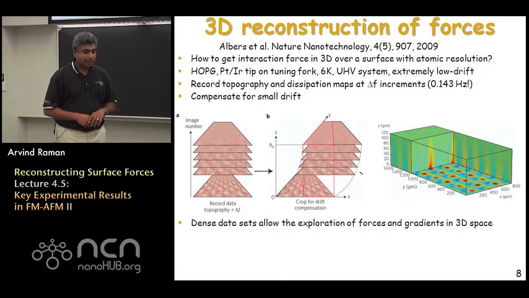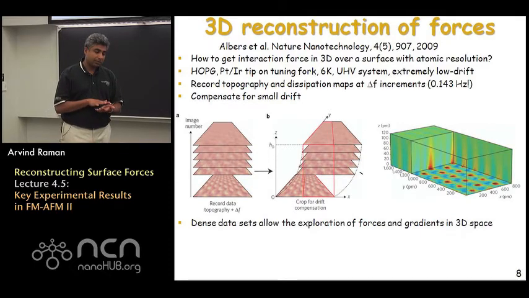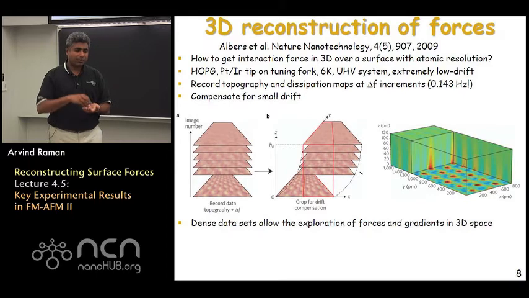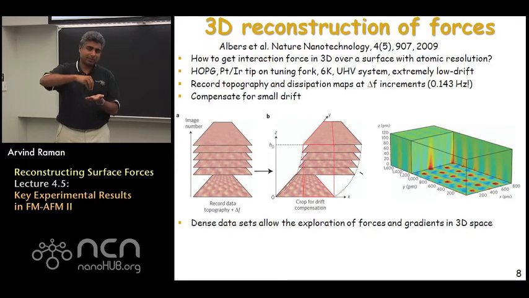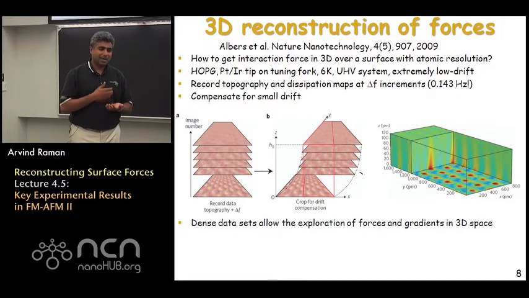Soon after that, there was an interest in extending force spectroscopy techniques to not only study the forces over single atoms, but over the entire surface. And initial attempts at this would try to do a force versus distance curve point by point on the sample. If one wants to come up with a truly three-dimensional data set that tells you how the interaction forces change with X, Y, and Z, one can imagine one needs a long time if one is going to do force distance curves at every point.